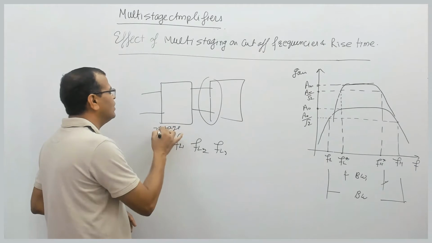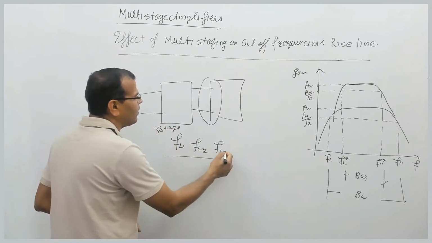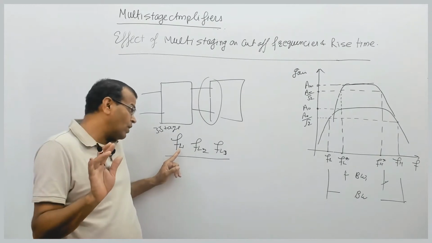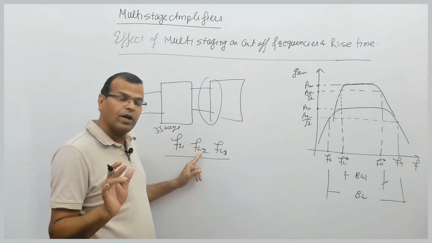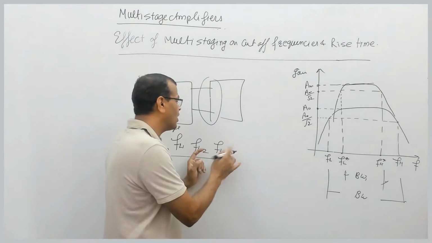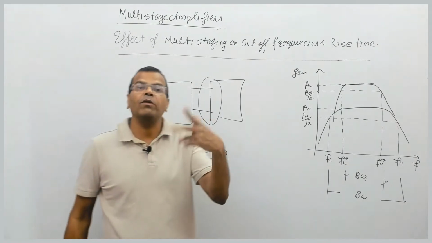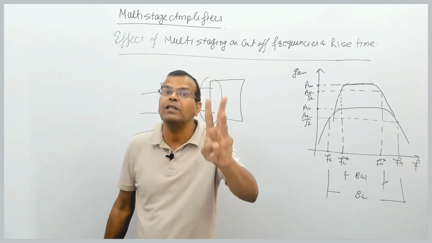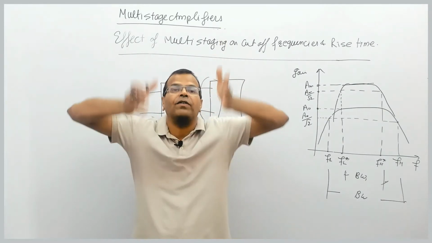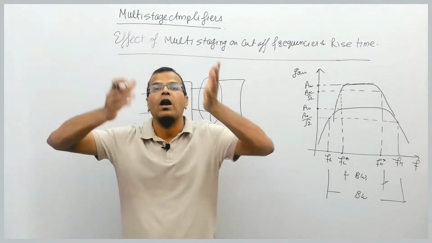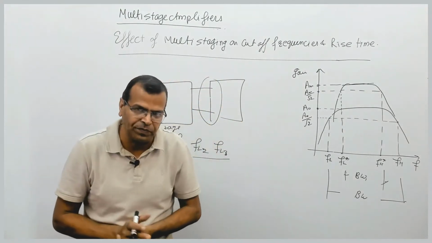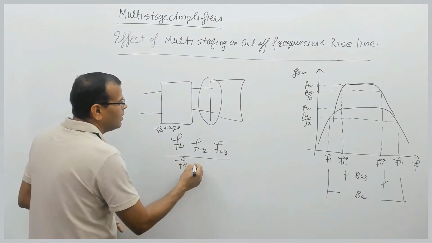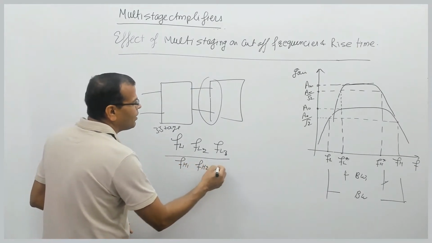In a 3-stage amplifier there will be 3 lower cutoff frequencies: lower cutoff frequency of stage 1, of stage 2 and of stage 3. So there will be 3 different cutoff frequencies associated with 3 stages if the amplifiers are not identical in multistaging. Similarly, all 3 will have different upper cutoff frequencies.